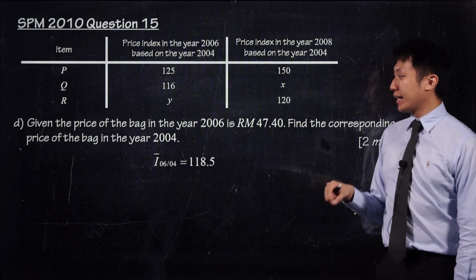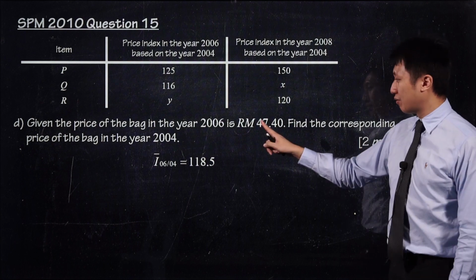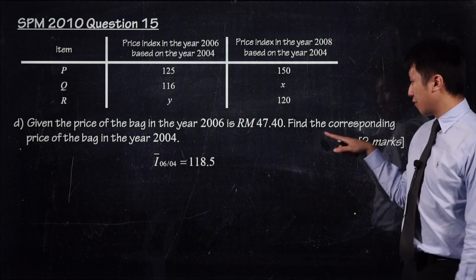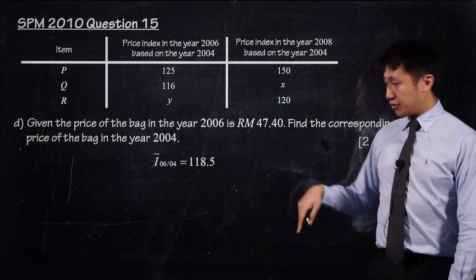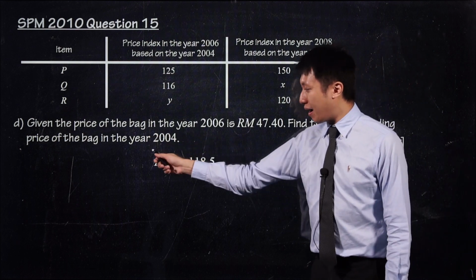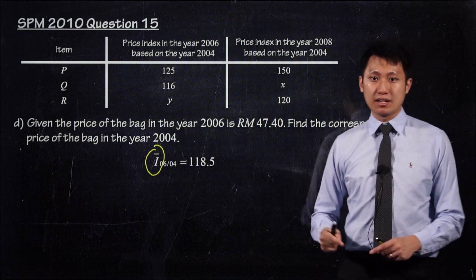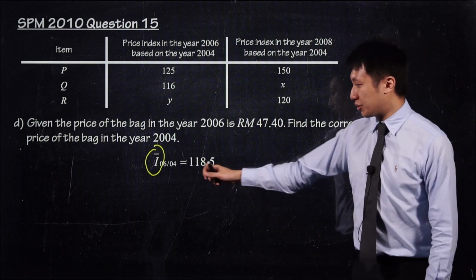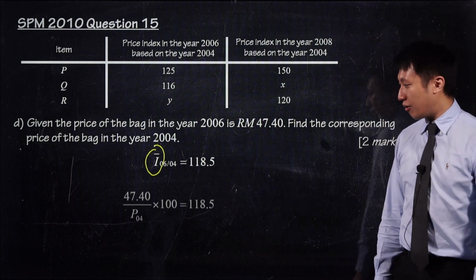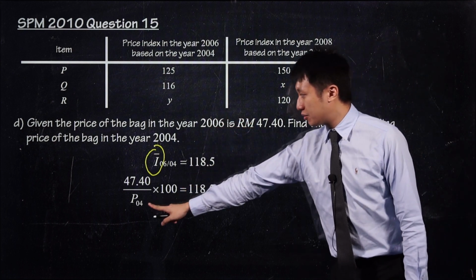I didn't say which bag, it's 47.4. The bar means composite index, so in general it represents all the bags, and it's 118.5.